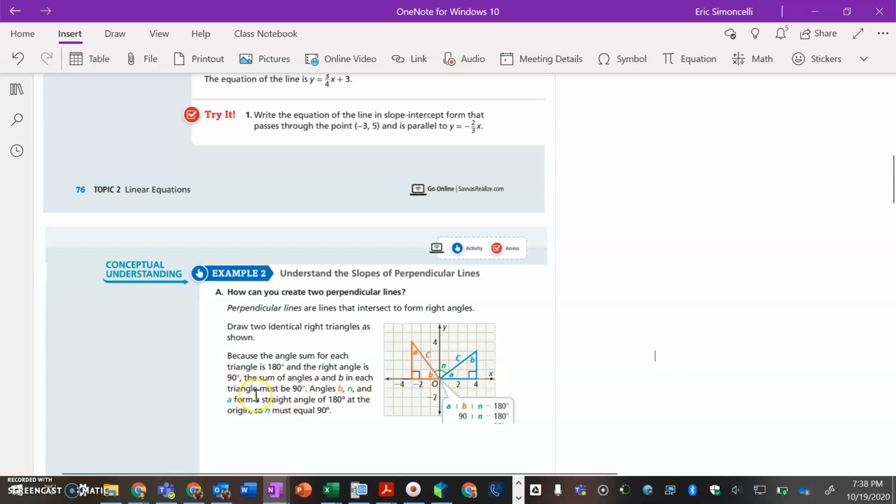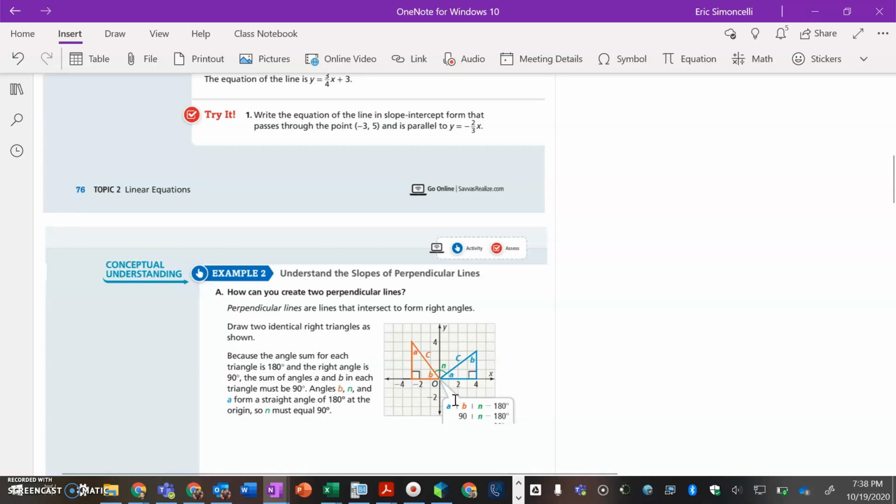So as it turns out, the sum of the angles A and B in each triangle must be 90. Angles B and N, as well as A, form a straight angle. So B + N + A must, when you add them up, equal 180 degrees. They've expressed that here in the picture.